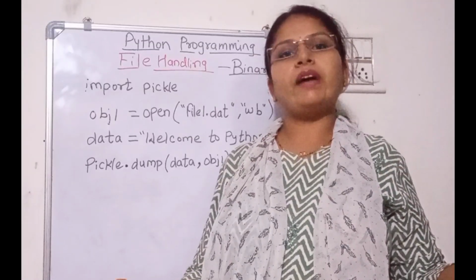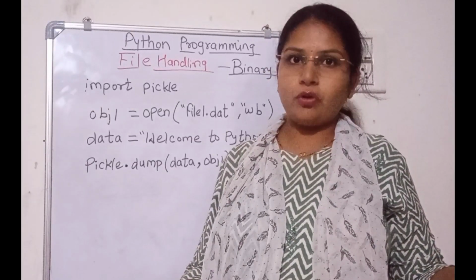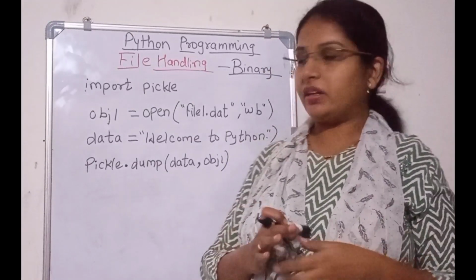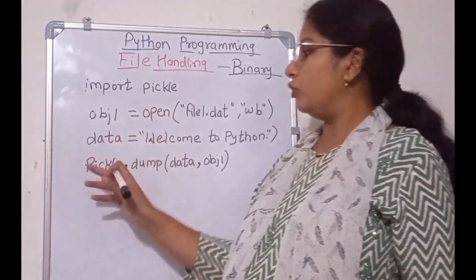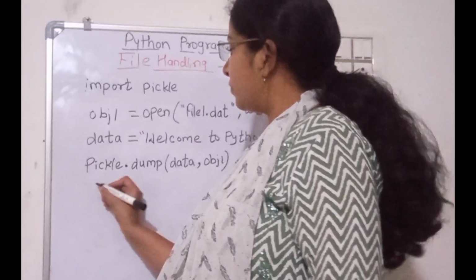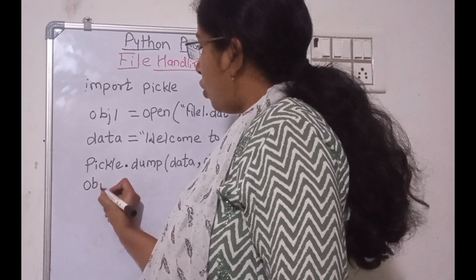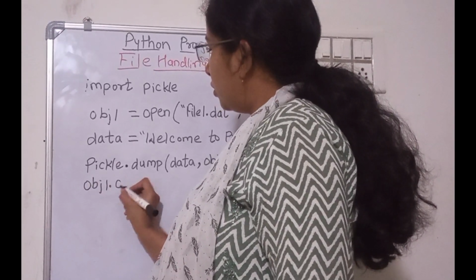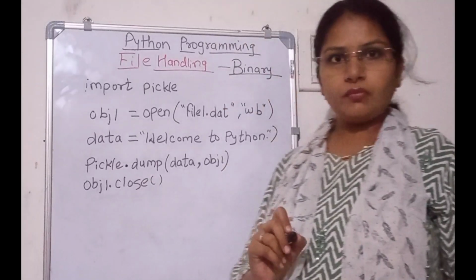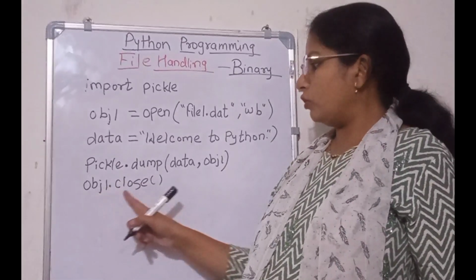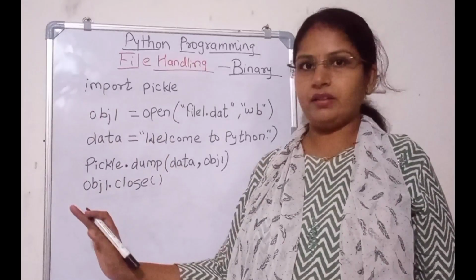You can open the file next time in the read mode, so you can read the same data. After you are done with all this operation, just close this file using the close method, just like object 1 dot close, right? So object 1 dot close means you are closing the file successfully.